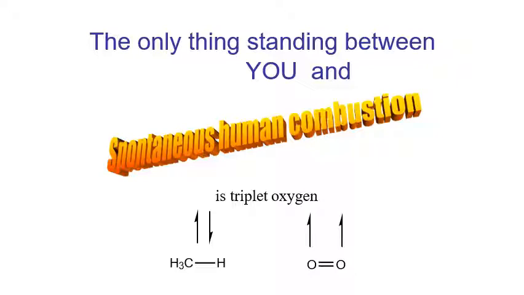Because of this, our organic part is a singlet, but the molecular oxygen available in the atmosphere is in the triplet state. Because of this triplet nature, it cannot react with the singlet state substrate. Because of this simple spin forbidden selection rule, it cannot just react with singlet state species.